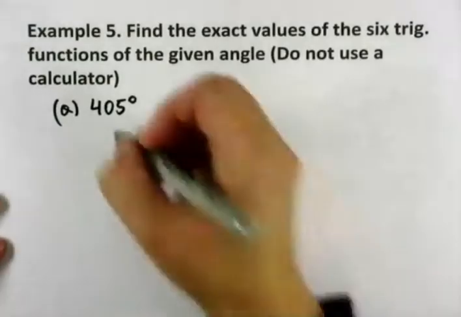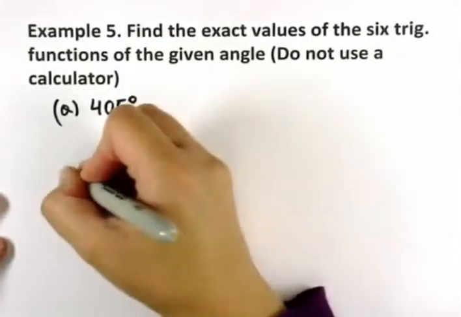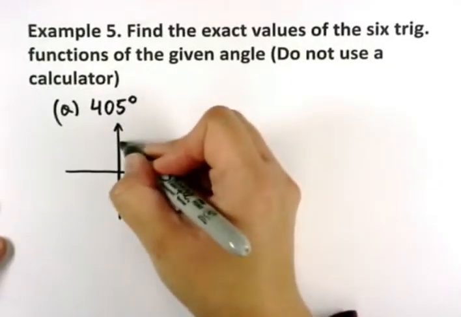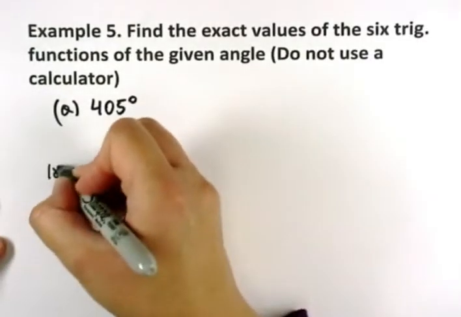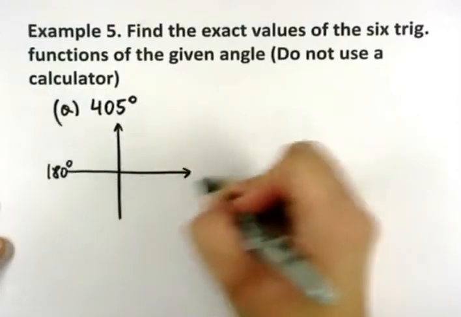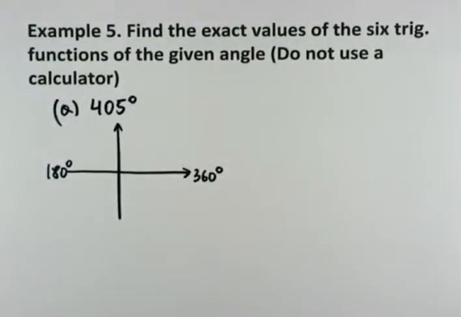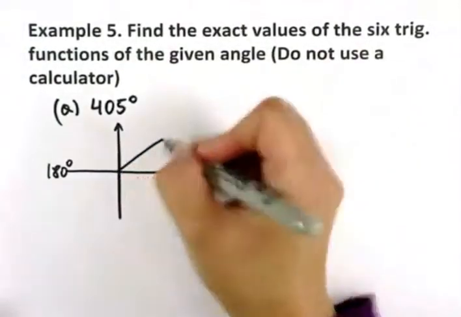Okay, so as before, we find the reference angle. So if I keep opening, 90 degrees, 180. If I go a full rotation, it is 360. So how much more did we pass 360? We're going to end up right here.